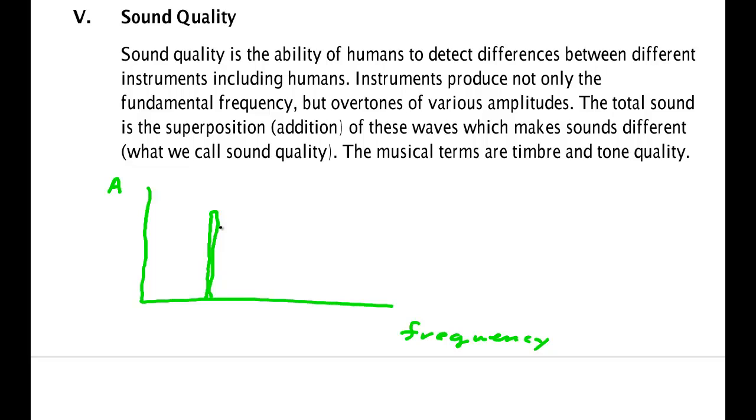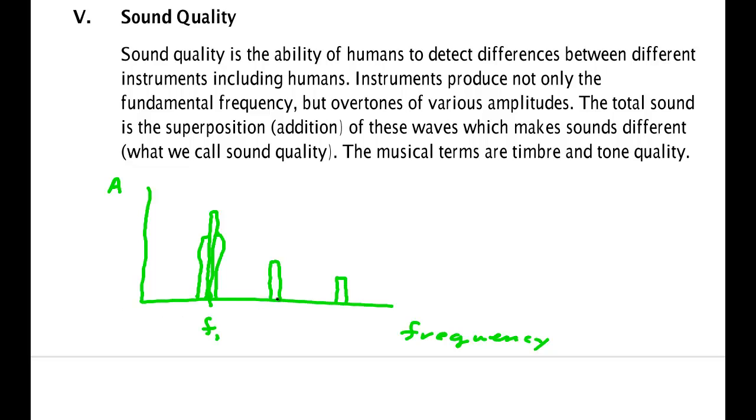Usually people plot these in a histogram fashion. Not very well drawn, I admit, but something like this. So this is the fundamental frequency. But then there are also secondary frequencies, the overtones. And they're with different amounts.